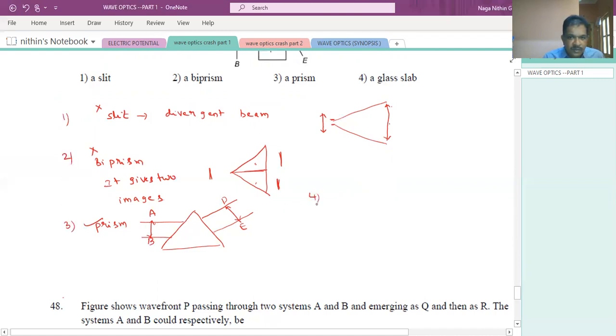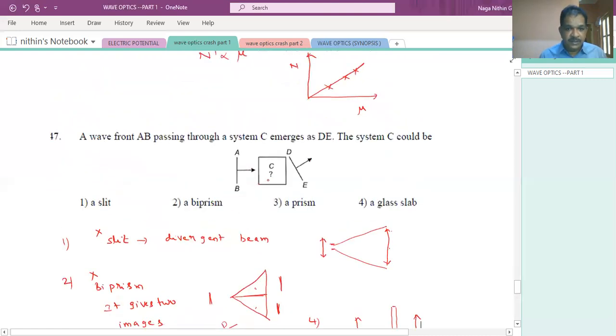Fourth, glass slab. Here one glass slab is there like this. This is the incident wavefront. This will be the emergent wavefront. Both will be in the same direction. So the answer will be C for this.